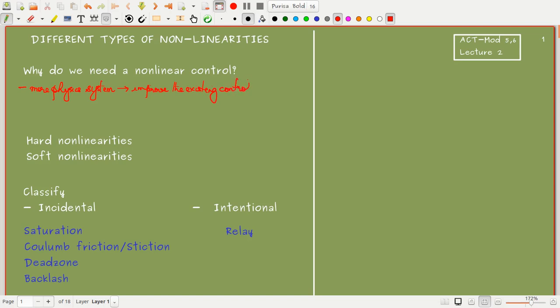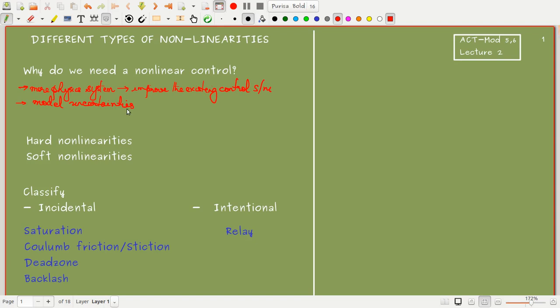The next thing is we are also going to deal with model uncertainties in the system. That means when we had been trying to model a system, we had forgotten about the uncertainties that come in while modeling the system.